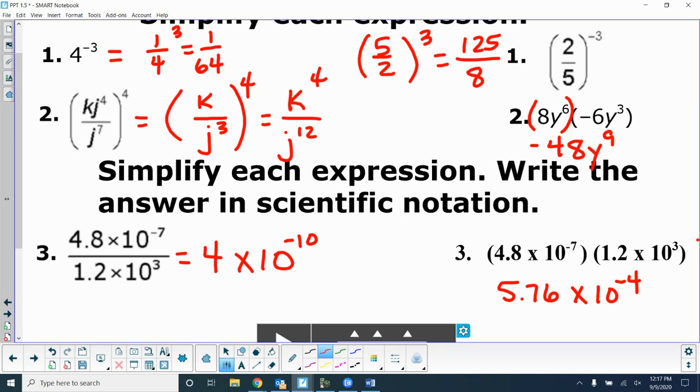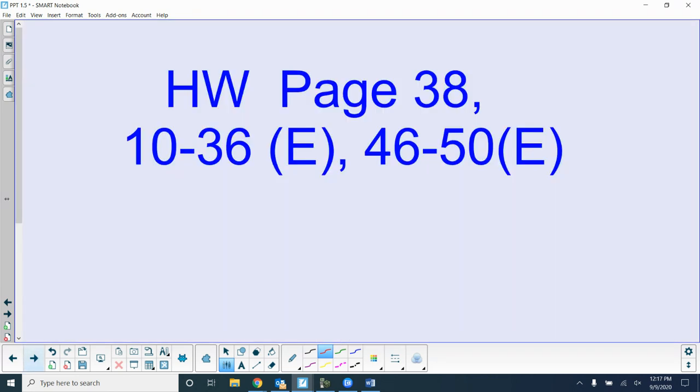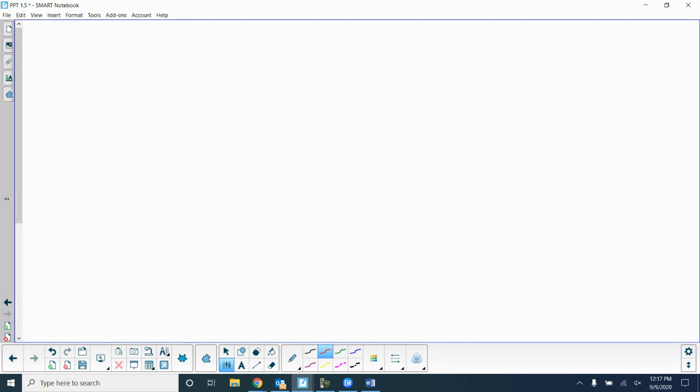Number 12 was 5, v to the 4th, over 14 is negative 14 t to the 6th over s to the 11th. And 16 is 8b. Any of those you would like me to go over? Hannah? 14.